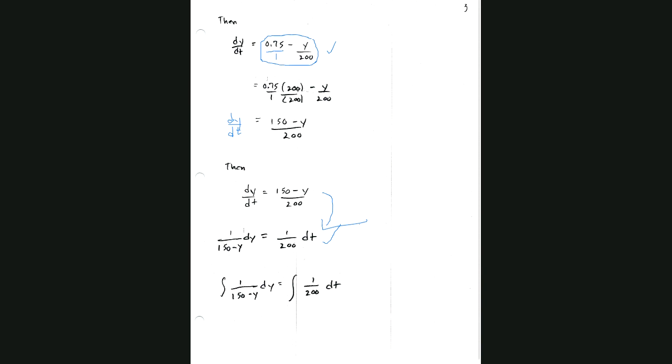So, okay, we're going to separate the variables. We did that. Now we'll integrate both sides, the left side with respect to y, but if we integrate the left side, we have to integrate the right side. Now, to integrate this left side, I could probably figure out the antiderivative, the integral of 1 over 150 minus y, in my head.